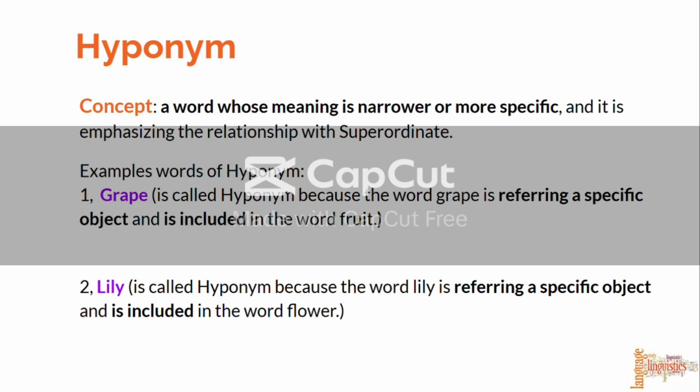Let's look at the second one, lily. So the word lily is called hyponym because the word lily is referring to a specific object, and the meaning of lily is included in the meaning of the word flower. So lily is a hyponym.